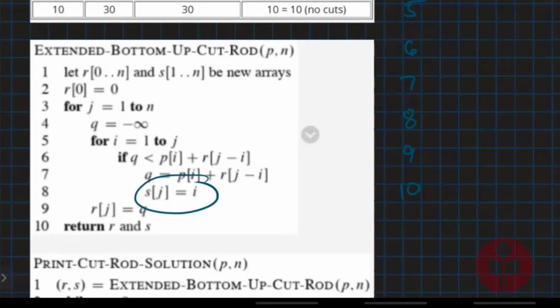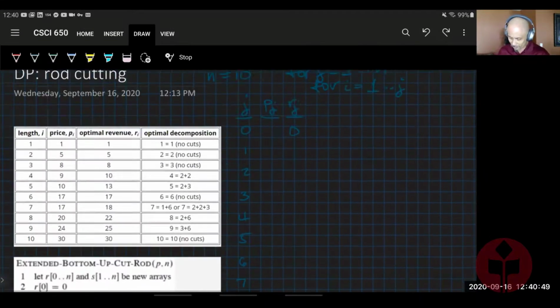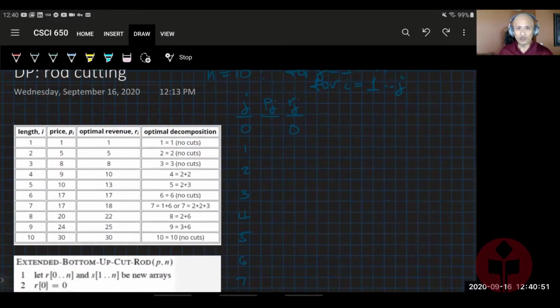We found a larger value to replace the current max. So Sj becomes i. It's just when we find the largest i, the largest index i that beats the current maximum that we have. So let's go over this algorithm to see how it works.